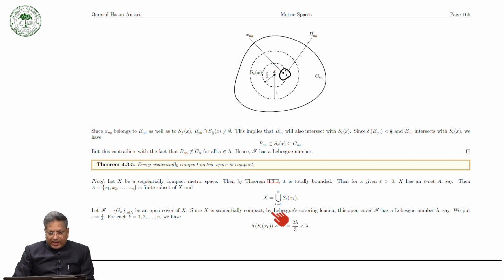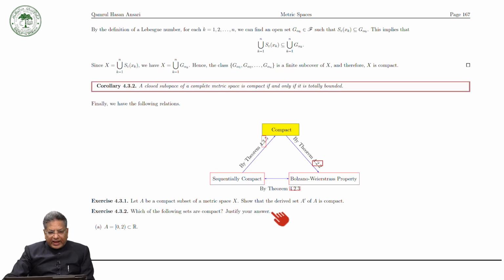By the definition of a Lebesgue number, for each k we can find an open set G_alpha_k in F such that the open sphere with center at xk and radius epsilon lies in G_alpha_k.